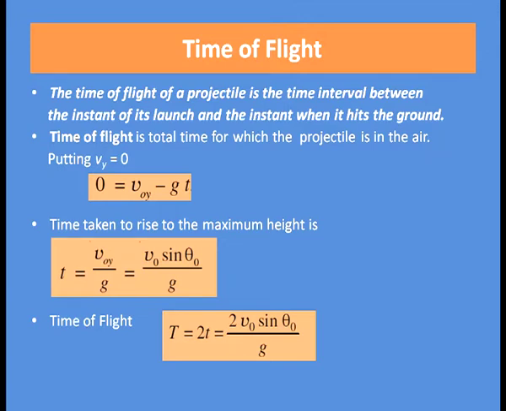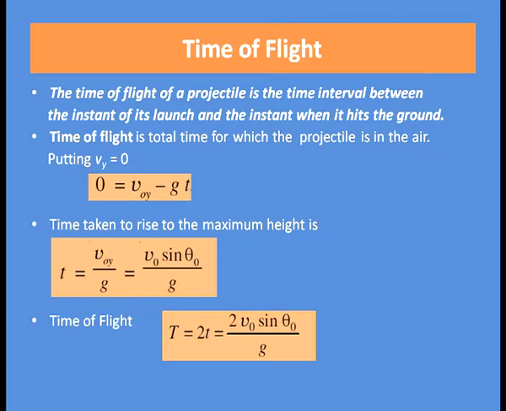Here we have used the equation v equal to u plus a t, a equal to minus g, v equal to 0 and u equal to v y. So, the time taken to rise to the maximum height is t equal to v y divided by g, that is equal to v 0 sin theta 0 divided by g.